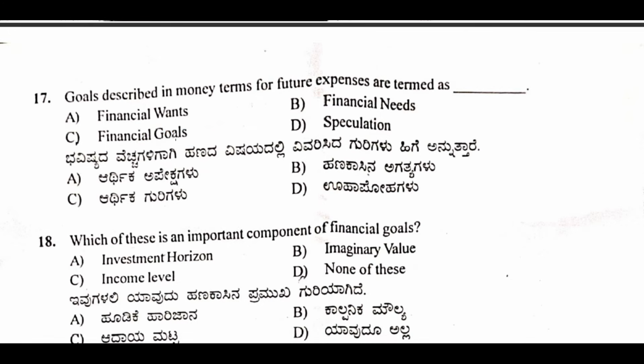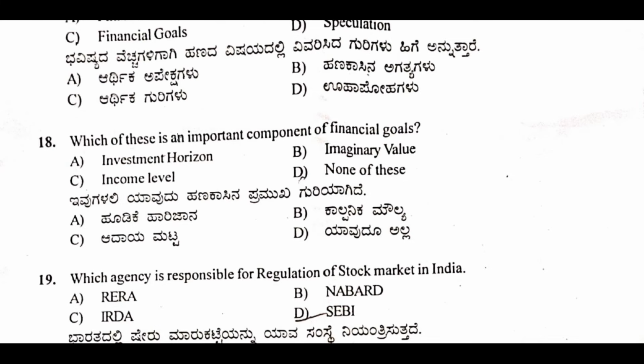Question number 18. Which of these is an important component of financial goals? Option A, investment horizon. Option B, imaginary value. Option C, income level, or is it option D, none of these? The important component is investment planning, and that is not given in any option.